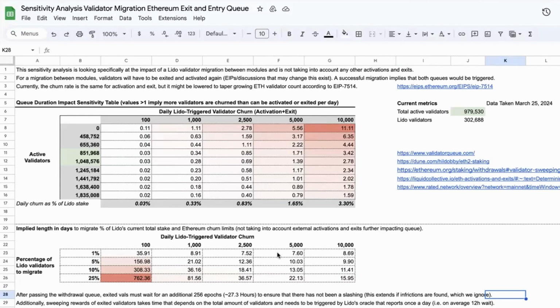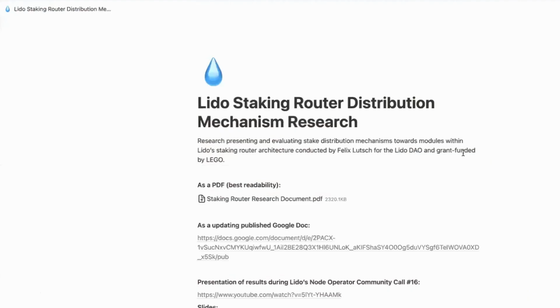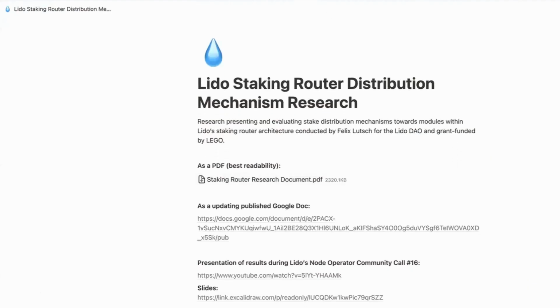Your research really makes clear the direction the staking router is meant to take the protocol in, as more like a marketplace of staking options, I guess. Well, not for an individual staker, but we have a big bunch of stake, and we want to allocate that to currently an opinionated or curated set of node operators.